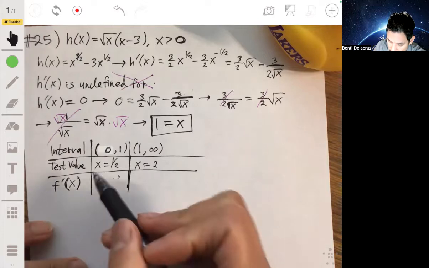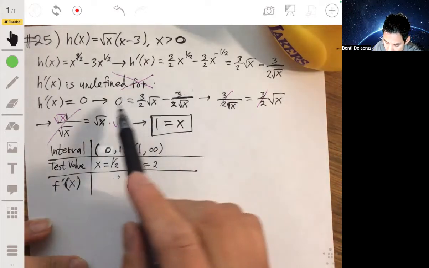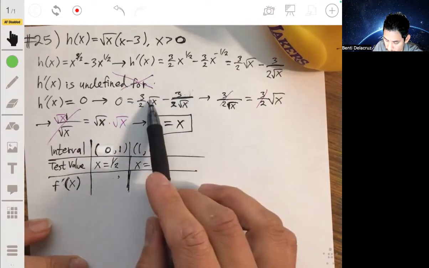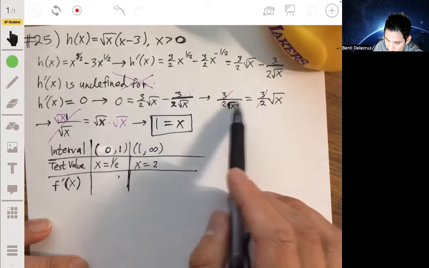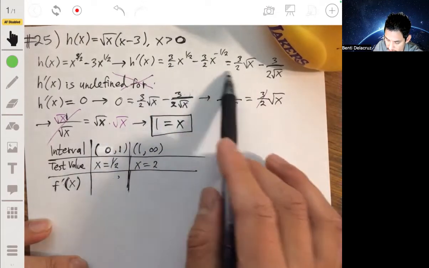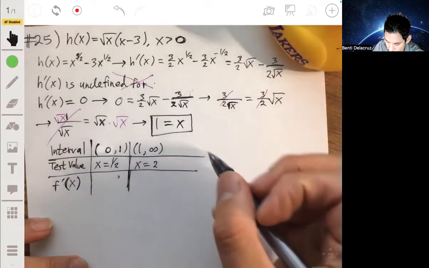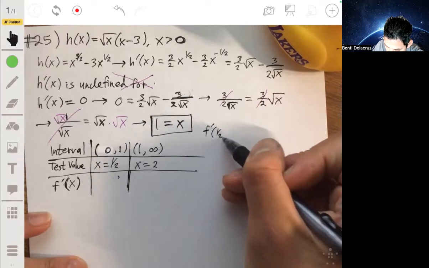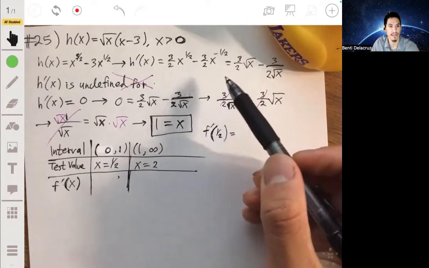So let's say I take f prime of 1/2. I plug 1/2 into this equation here, or any derivative equation, and you actually work it out over here. So f prime of 1/2, and this is a good example because you can see this will be a tedious calculation.